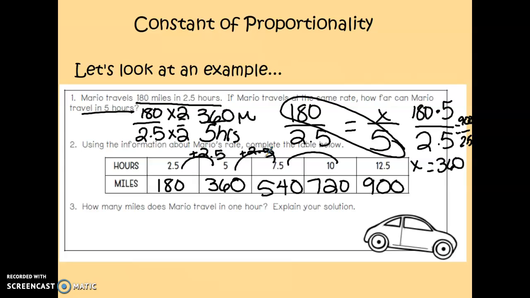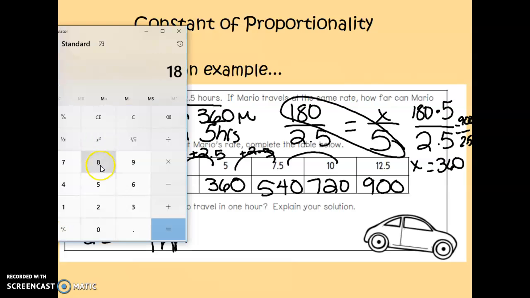Okay, so number 3, how many more miles does Mario travel in, or excuse me, I read that wrong. How many miles does he travel in 1 hour? Well, we found that in the first problem, so I'm just going to copy it back down. So we said 180 over 2.5, 1 hour, and I think we got 72. 180 divided by 2.5.